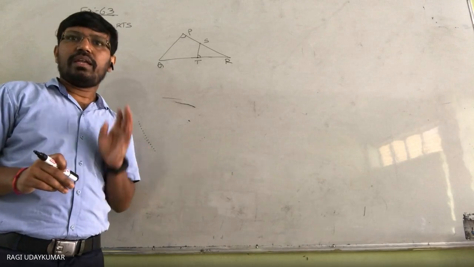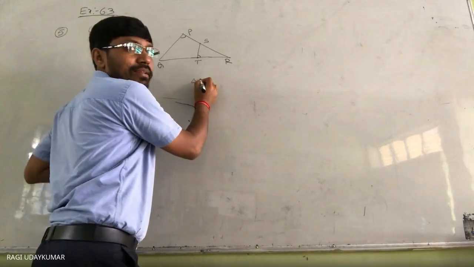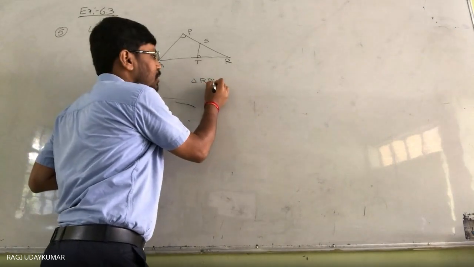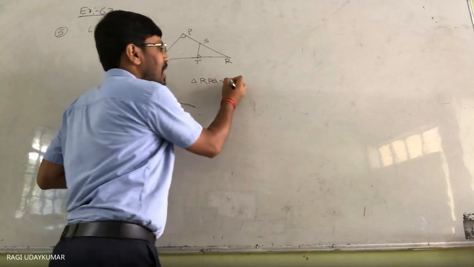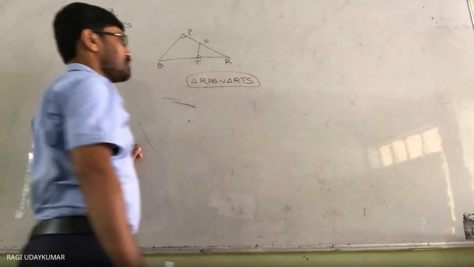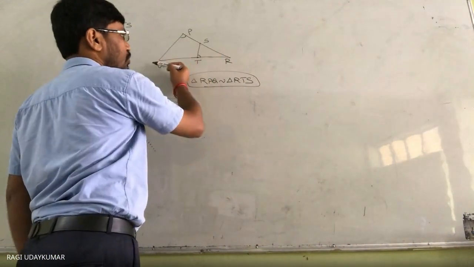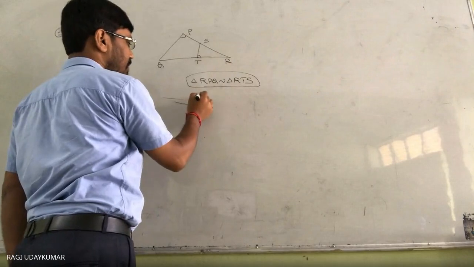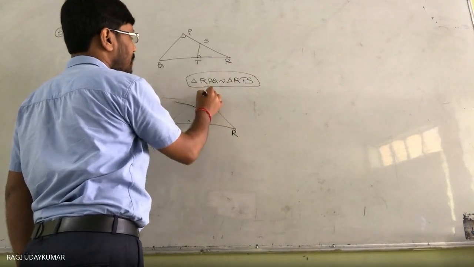Did you understand here? Now what to show? Let us write here. Triangle RPQ is similar to triangle RTS. This is required to us to prove in this problem. RPQ, this bigger triangle. If you are getting confused, draw the triangle separately.